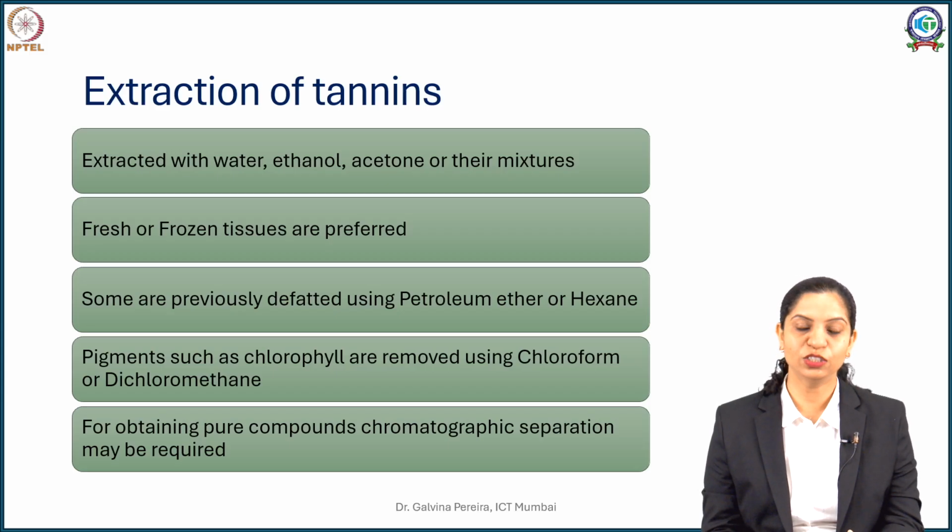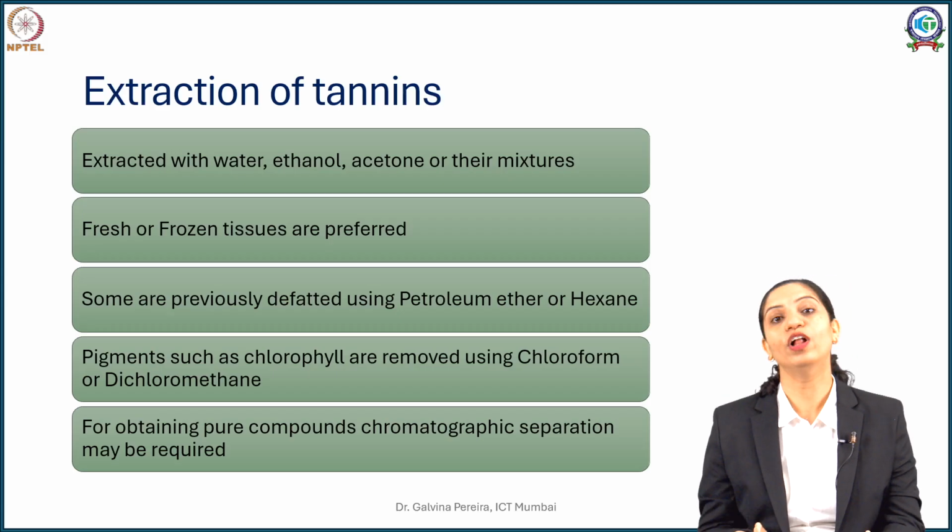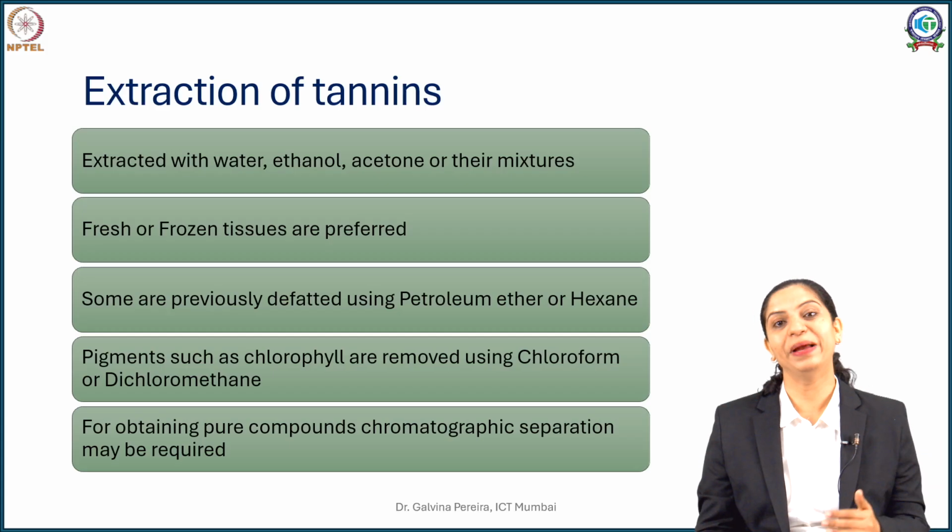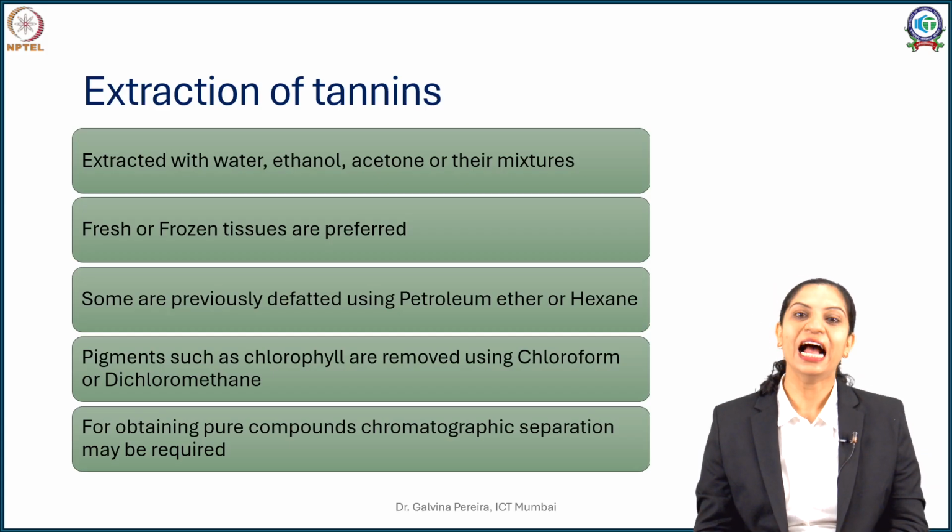The waxy contents, lipid contents or oils can be removed using organic solvents such as petroleum ether or hexane. They will dissolve these lipophilic compounds and now your tissue is free of them. Once the tissue is free of all the lipid compounds, the water penetrates much more easily and your compounds are extracted completely.